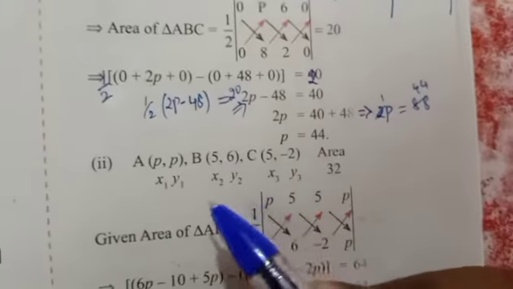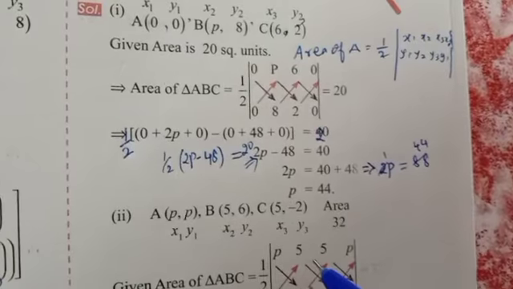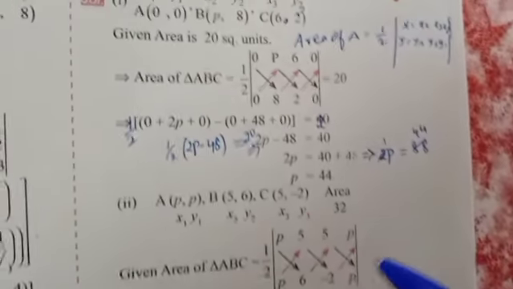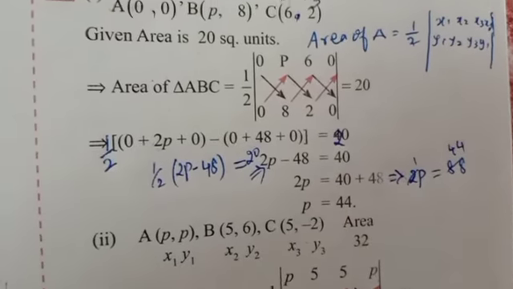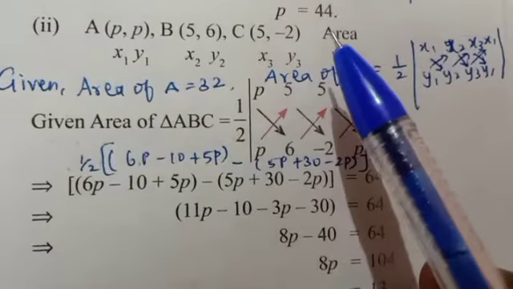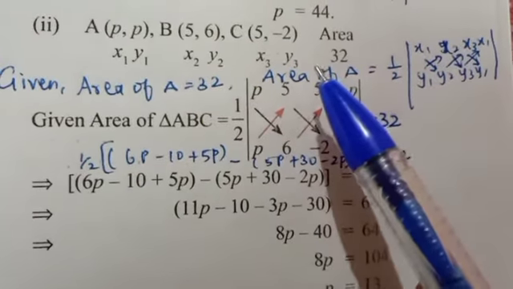For the second problem also you must use the formula and follow the same procedure to get the answer. Listen students, second problem: write the points as A, B, C, then denote x1, y1, x2, y2, x3, y3.